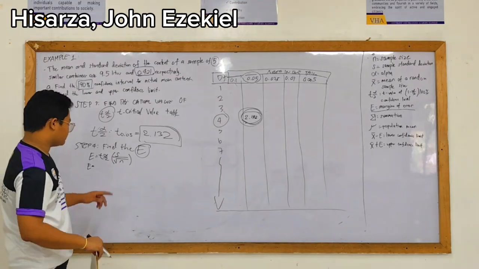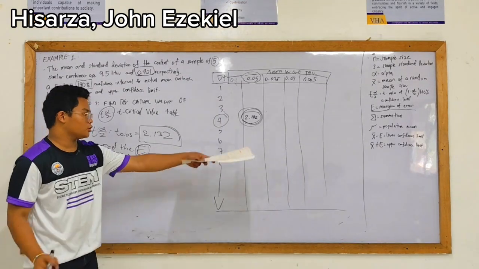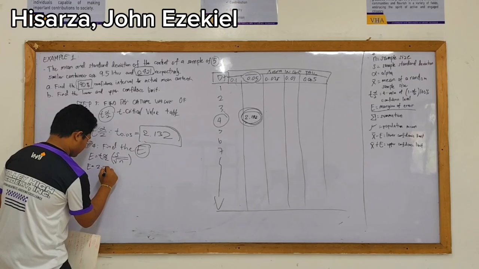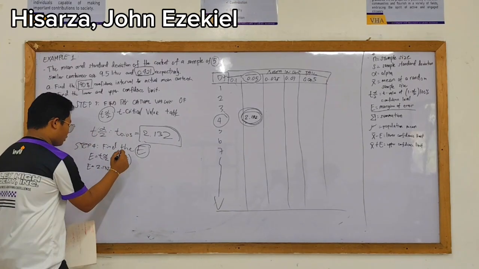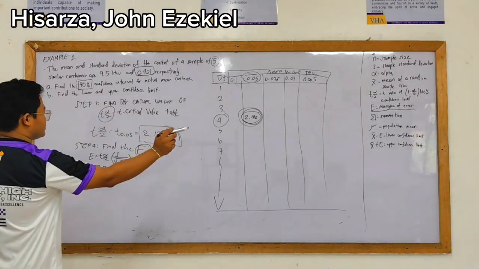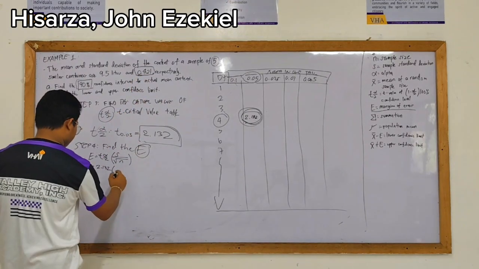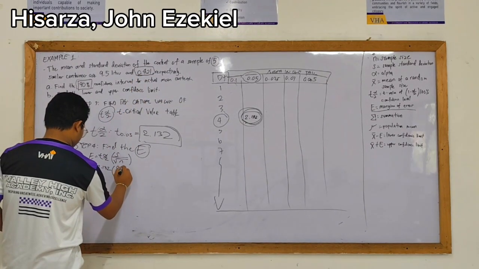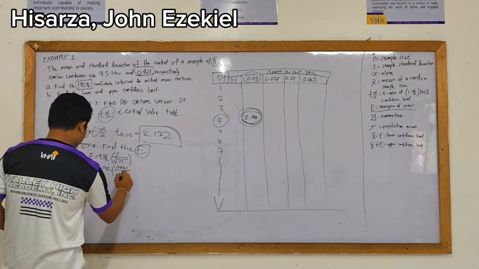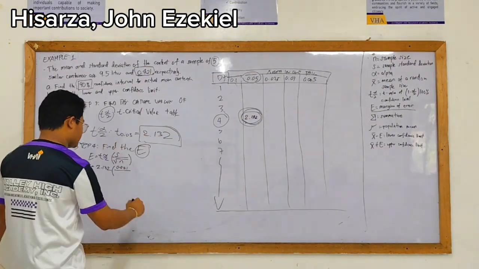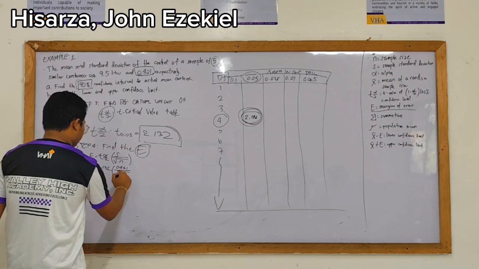So we're just going to transfer our critical value, which is 2.132, multiplied by our S, which is 0.421, over our sample size, which is the square root of 5.